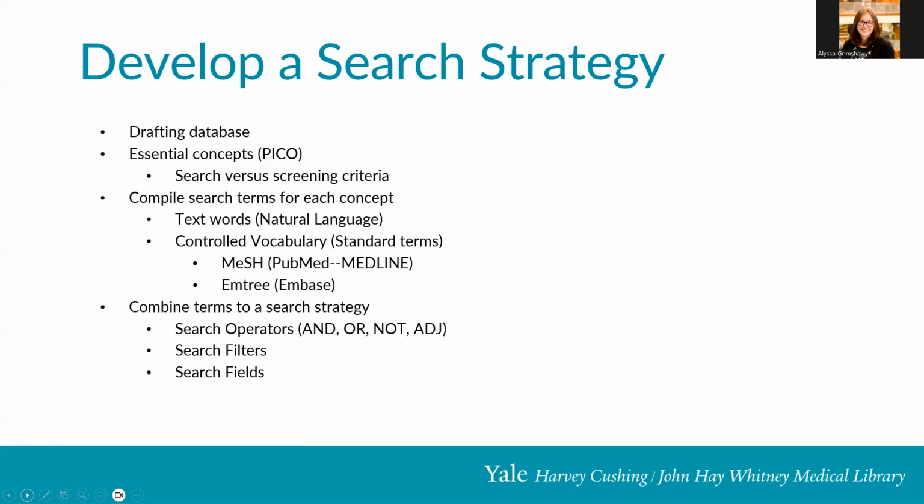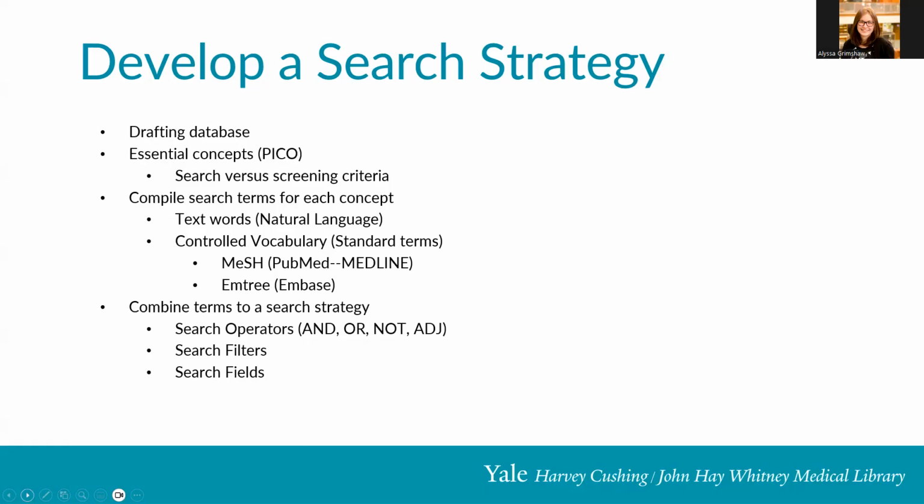Next is adjacency. Adjacency, or proximity searching as it's sometimes referred to, is my favorite command for all searching. Adjacency allows you to force the words to be within a few words of each other, which allows you to expand the information without expanding the amount of results that will come in, without having to add a whole bunch of terms, right?